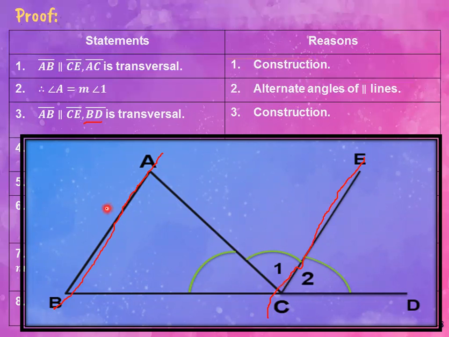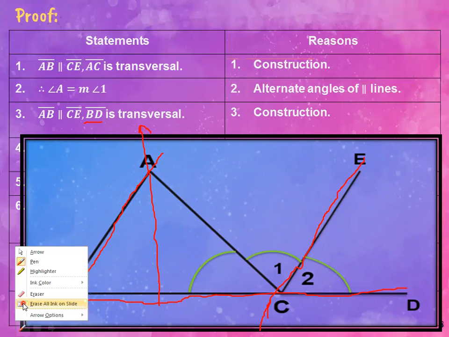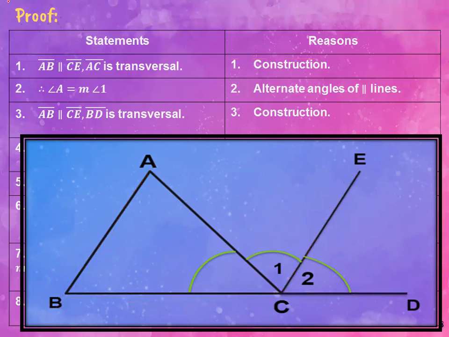Where is BD? This line is called BD, and as you can see, this BD intersects the two parallel lines, so you will say that this BD is a transversal. I'm going to draw a small figure here so that all of you can understand.